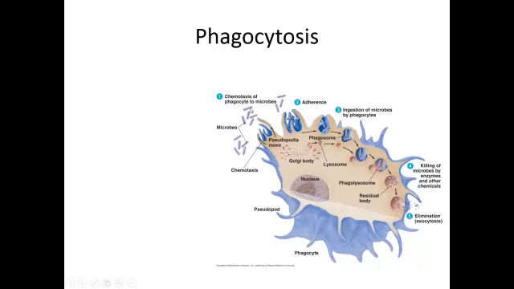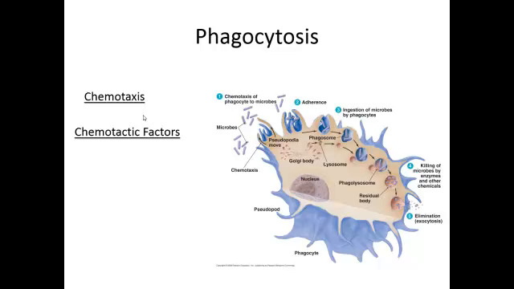The first thing that happens in phagocytosis is chemotaxis of the phagocyte to the microbes. Chemotaxis is movement of a cell toward a chemical. In phagocytosis, within the human body, the chemicals that it moves toward are called chemotactic factors.